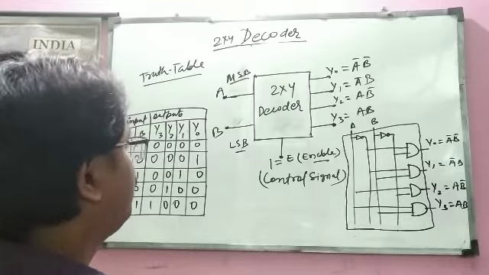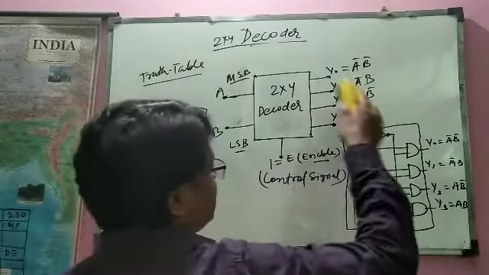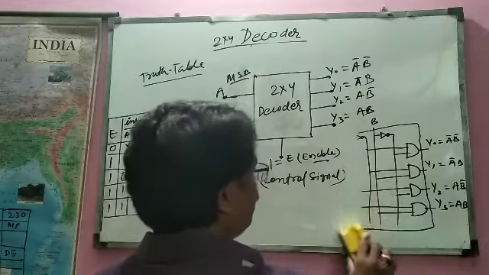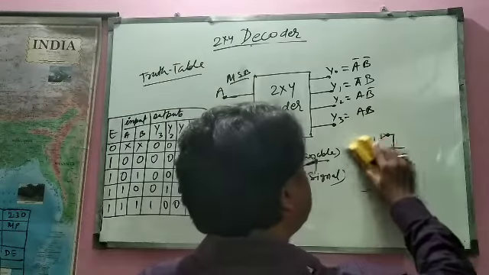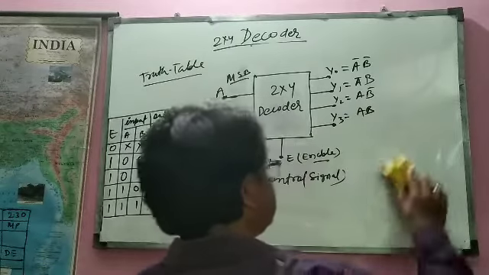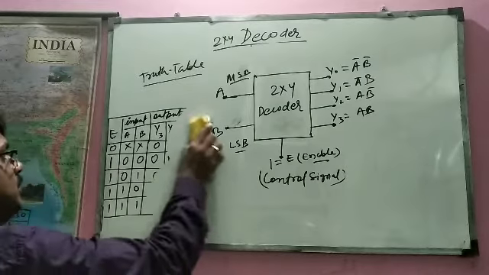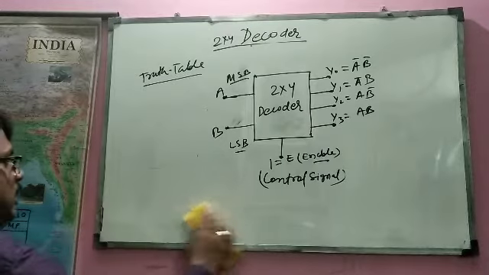Let us suppose this is a 2:4 decoder and these are the outputs. What will be inside the circuit, how it can be implemented with the logic gates, we all have seen. With the help of truth table we can find the output.